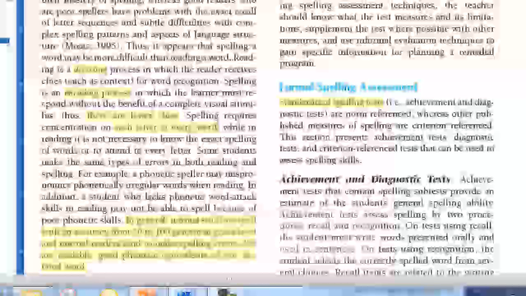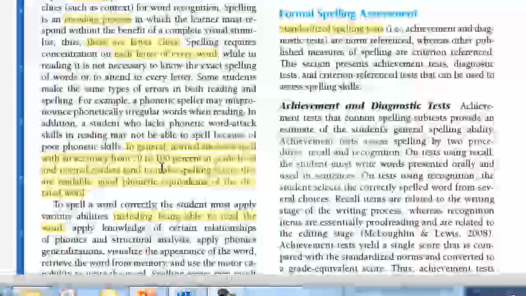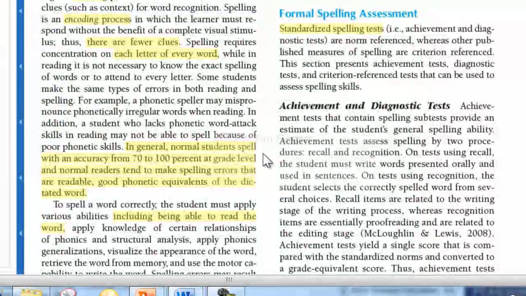In general, normal students spell with an accuracy of 70 to 100% at grade level, and tend to make spelling errors that are readable, good phonetic equivalents of the dictated word. Meaning, most of us will teach our kids in our schools to read phonetically and spell phonetically. So if a kid's well taught in that area, even if he spells the word wrong, it's readable.